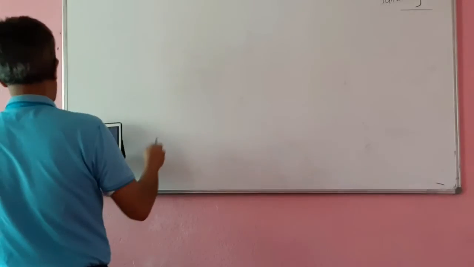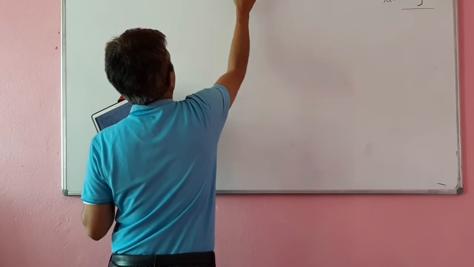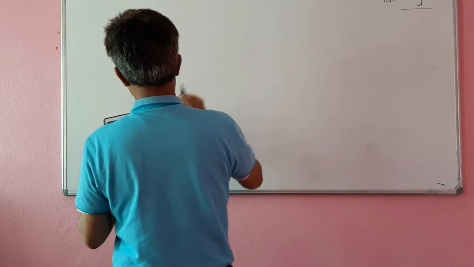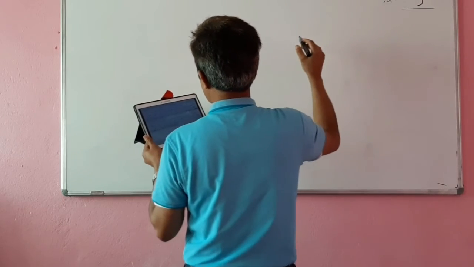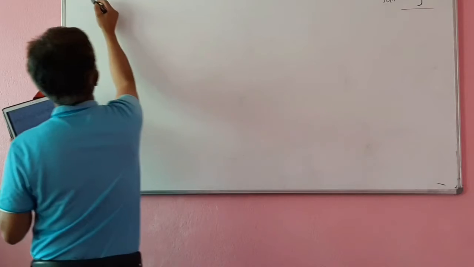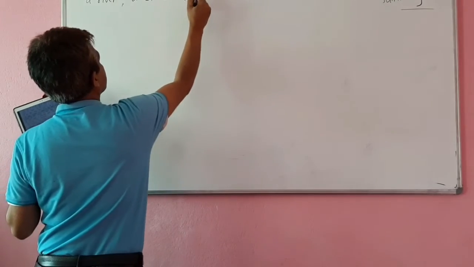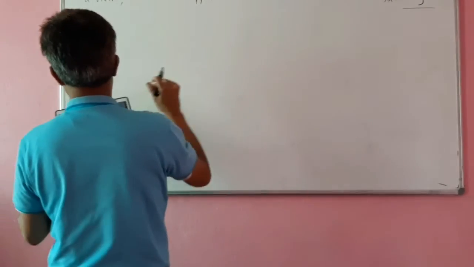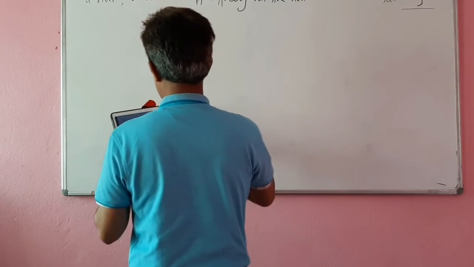Question number 6 says, let me write here, to estimate the height of the Kosi bridge over a river, a stone is dropped freely in the river from the bridge.